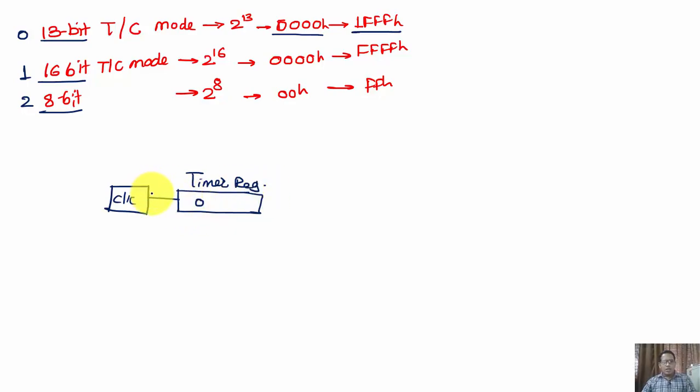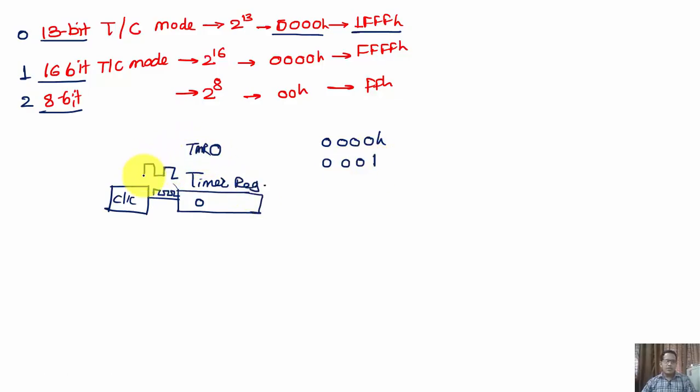The moment I turn on the timer, corresponding to each pulse, suppose the initial value is 0000H. When the first pulse is given to the timer register, considering timer 0 for simplicity, the value in timer 0 is incremented by 1.